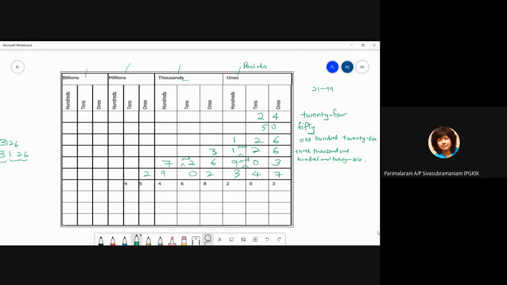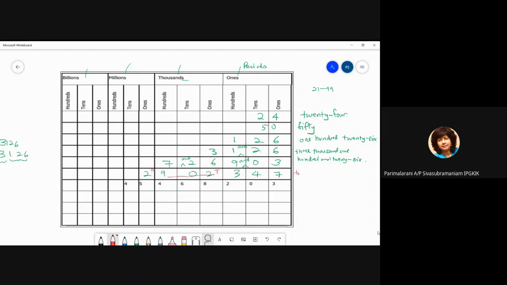So if we had this number here, how would you read this number? This number is in the millions period, so we must say the word millions here. This part is in the thousands, so here we have to say thousands. Anybody want to try to read this number? Okay. So it's 2,902,347.